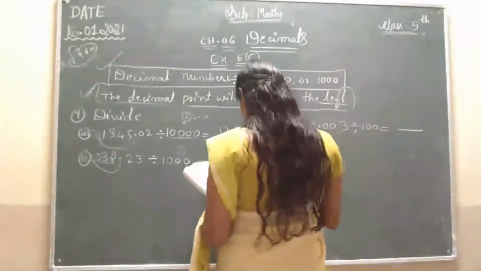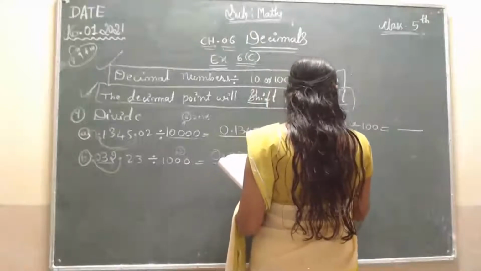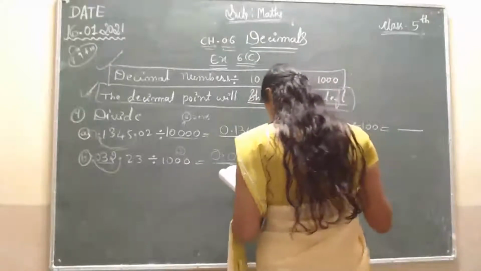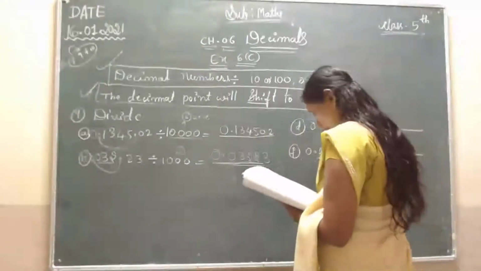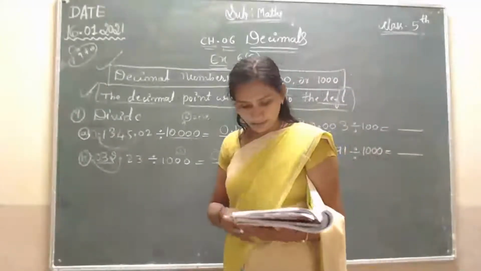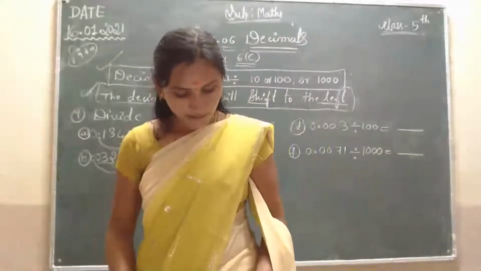Next in F, the question F is 0.0071 divided by thousands, 1000. Okay, students, the same method.